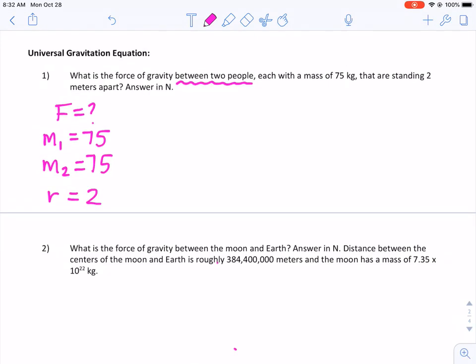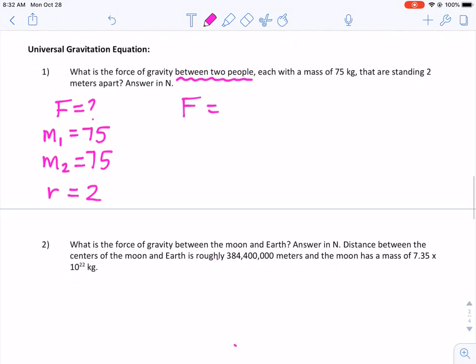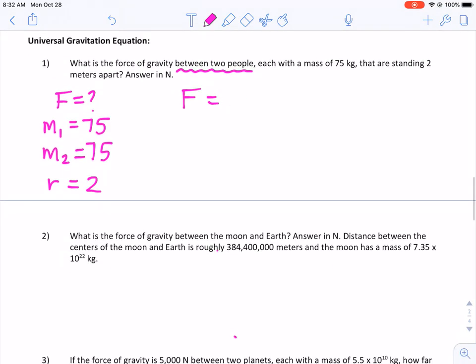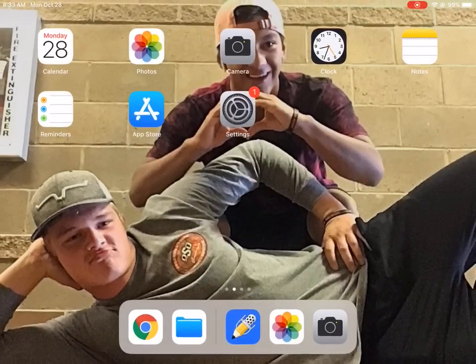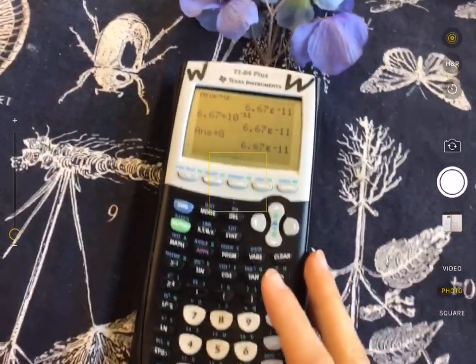Okay, so our formula, F equals big G M1 M2 divided by R squared. It helps to write out the formula, especially as we're getting used to it, just to practice. F equals, remember big G is in our calculator, so we can just include that. Now, in the calculator, since we don't have scientific notation, we can type that in as it is written, the same way without parentheses.